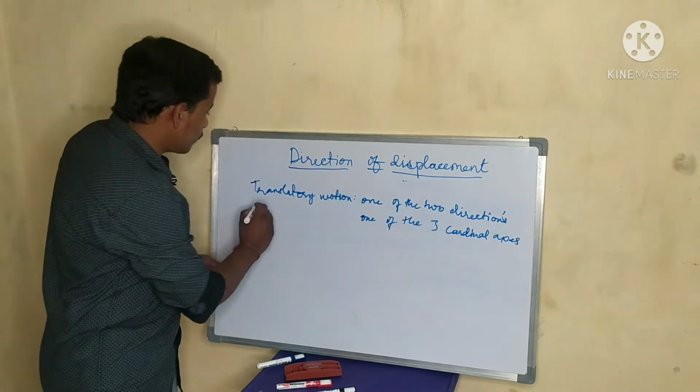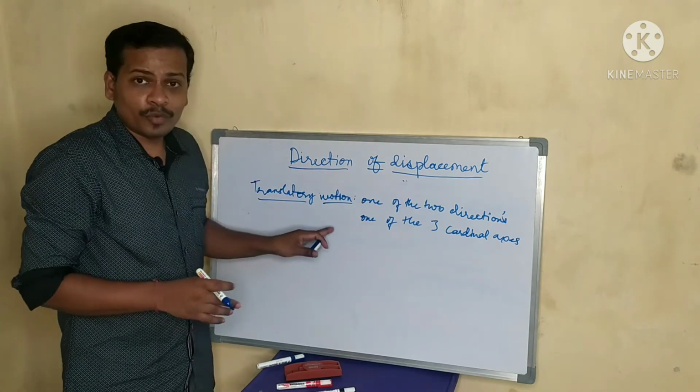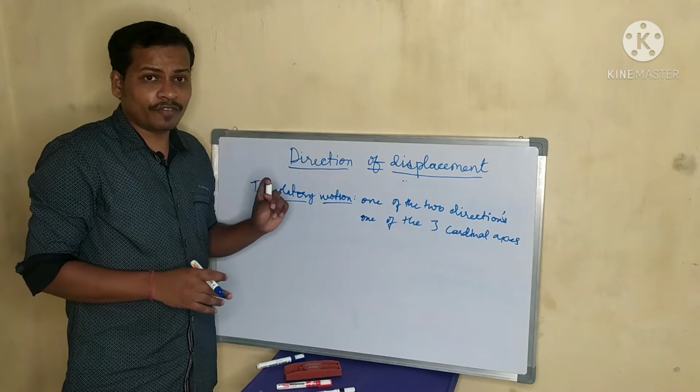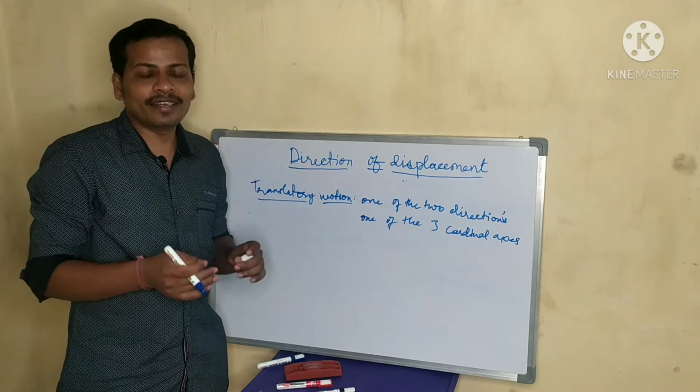What are the axes? They are the x-axis, y-axis and z-axis. Translatory motion, as I described in the types of displacement video, is also known as linear displacement.